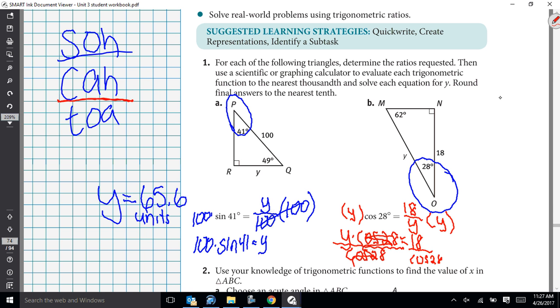Wait, what is that? You two got it? So y equals 20 point, and then it's 0.38, we went to the tenth, so how do we round that?